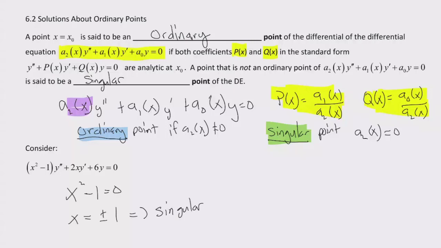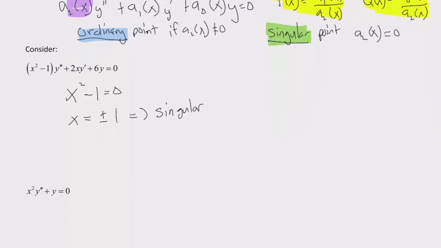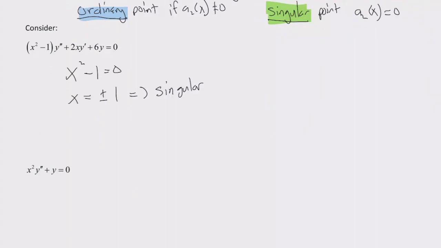Okay, let's take a look at another example. So in this one, we have x squared y double prime plus y. So if I'm just focusing on the x squared, setting that equal to 0, that says that x at 0, so that one solution would be considered a singular point.